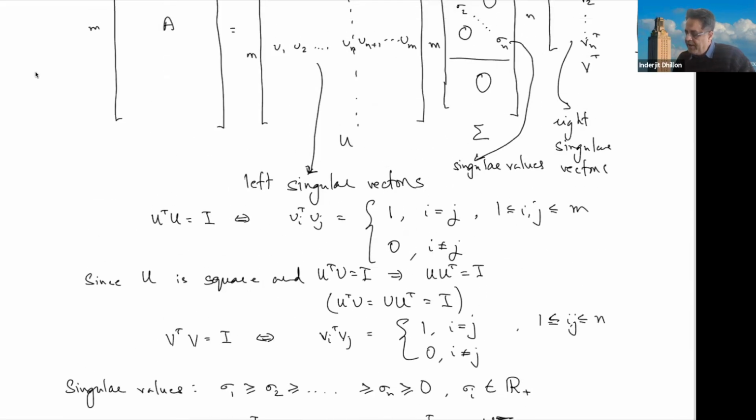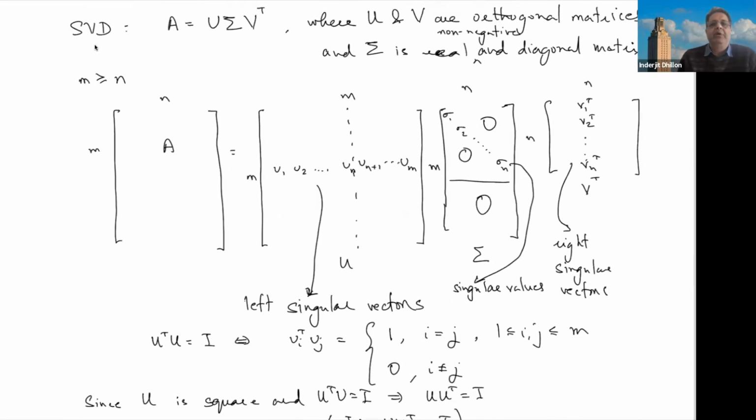Okay, and now notice one thing over here. I have this matrix A, which is m by n. So in this case, the number of columns is smaller than the number of rows. But this matrix is m by m. This matrix is m by n. If I look at the last m minus n columns of U, and if you think about matrix multiplication, then you'll see that this part gets multiplied by this part.